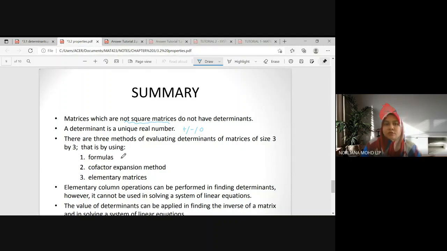We can use the formula, which we call Sarrus' Rule. Second, we can use the cofactor expansion. And the third one, we can use elementary column or row operations.